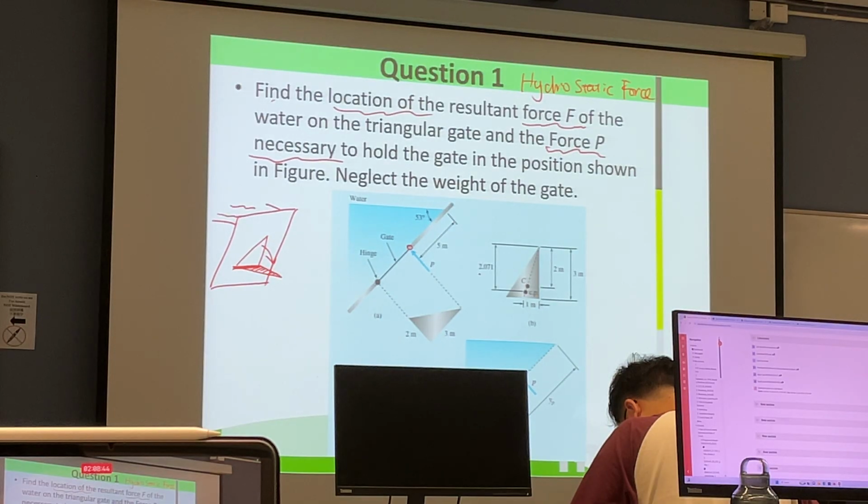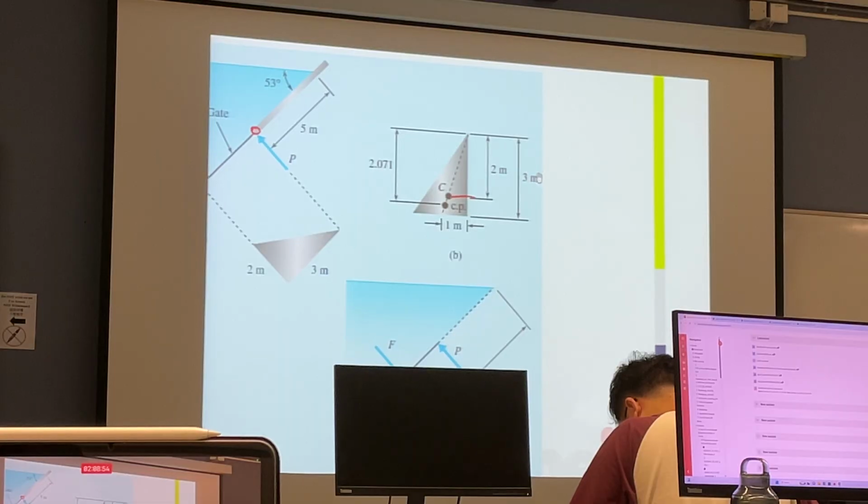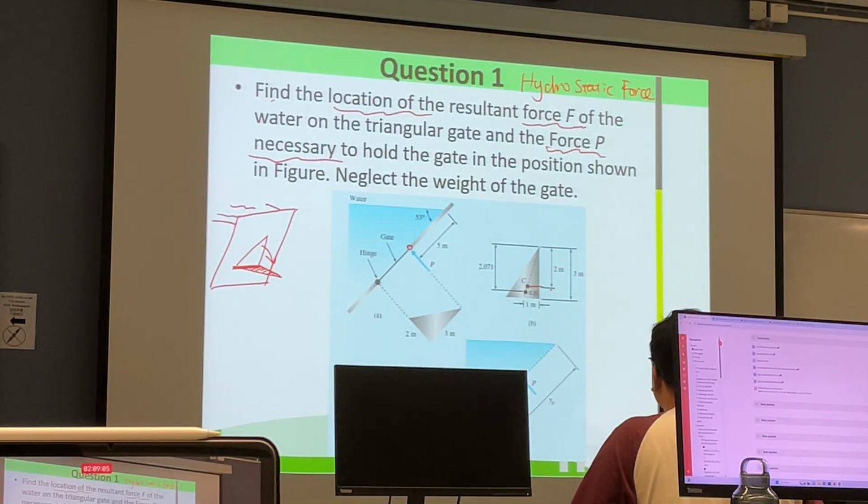The total height of this triangle is 3 meters, so the centroid is 1/3 from the bottom, which is 1 meter from the baseline. So this length is 2 meters, and this is point C, and this length is 1 meter.